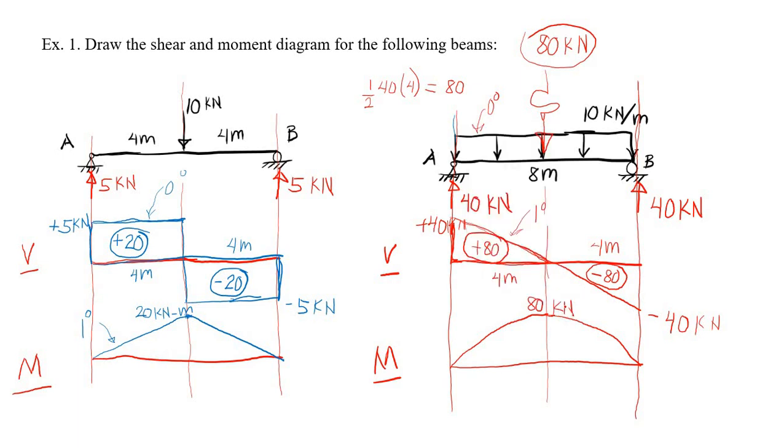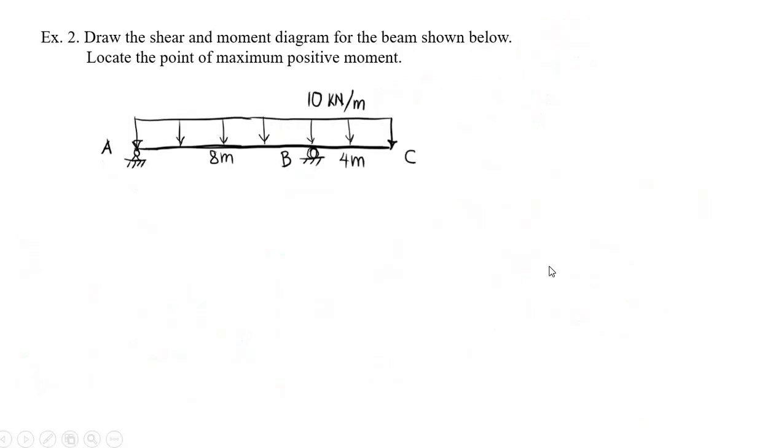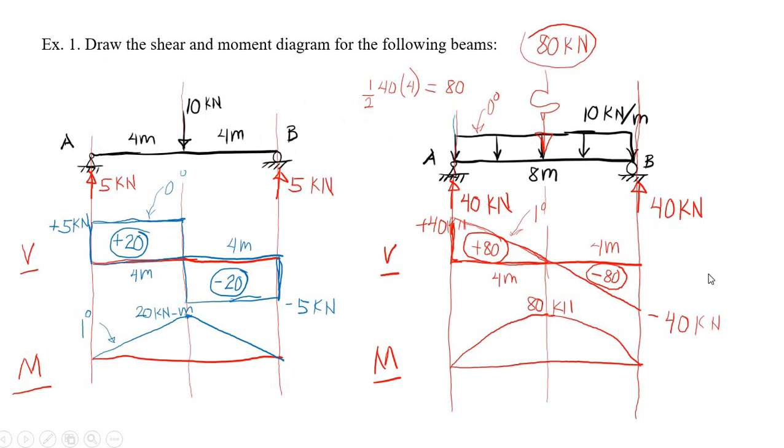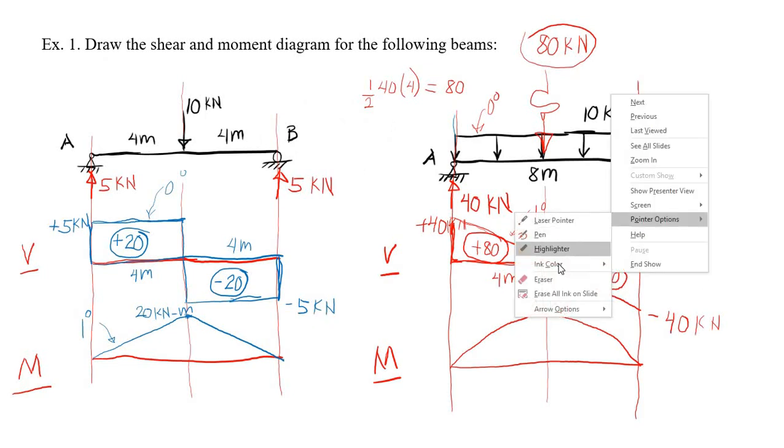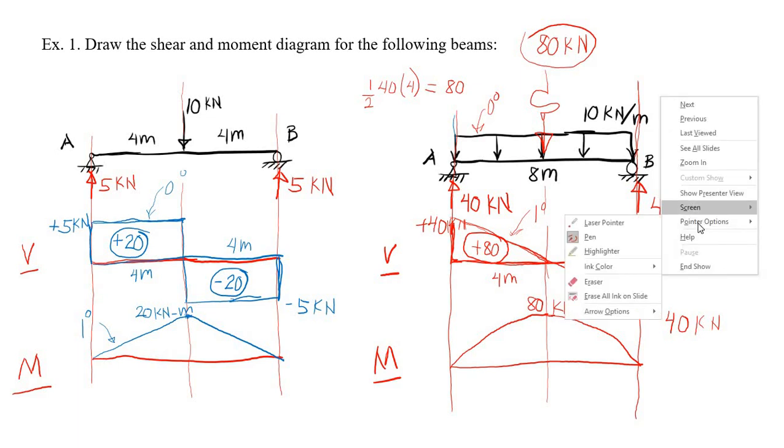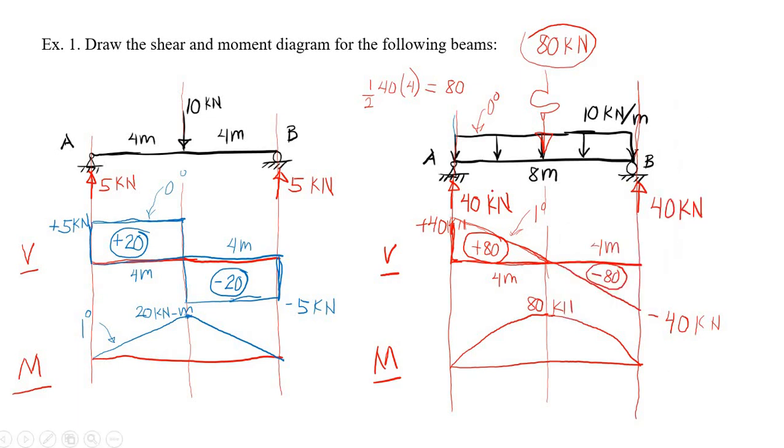So we have here our 80 kilonewton meter. Take note that the location of our maximum moment is at the points of 0 shear.